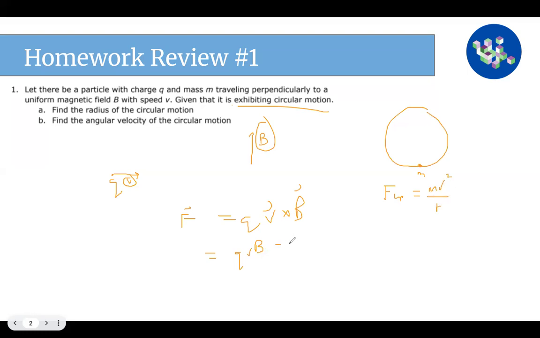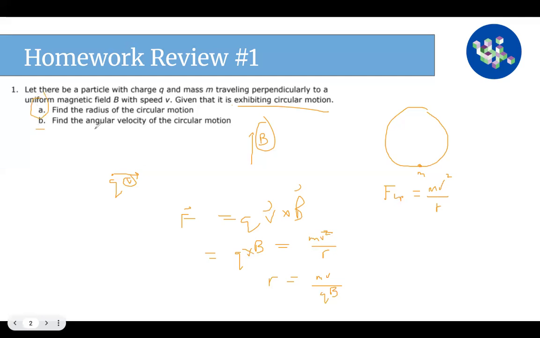Okay, so if you use that in our case, qvB equals m v squared divided by r. So what we'll get, after you cancel the v, is r equals m v divided by qB, and that will be our answer for part A, the radius of the circular motion.